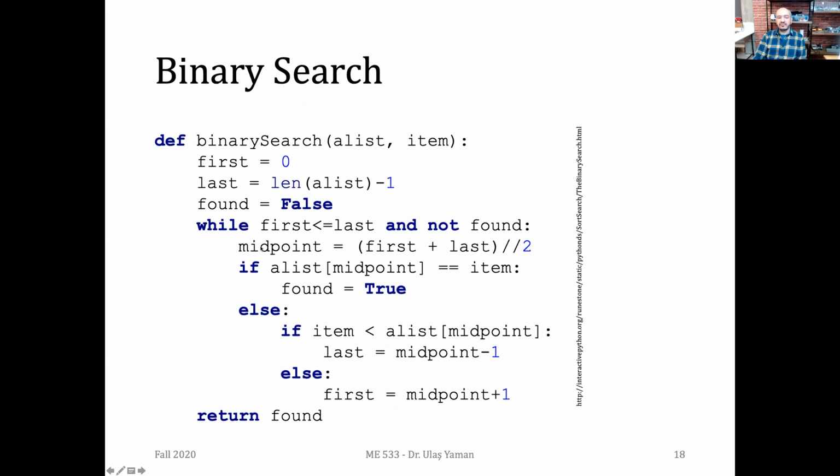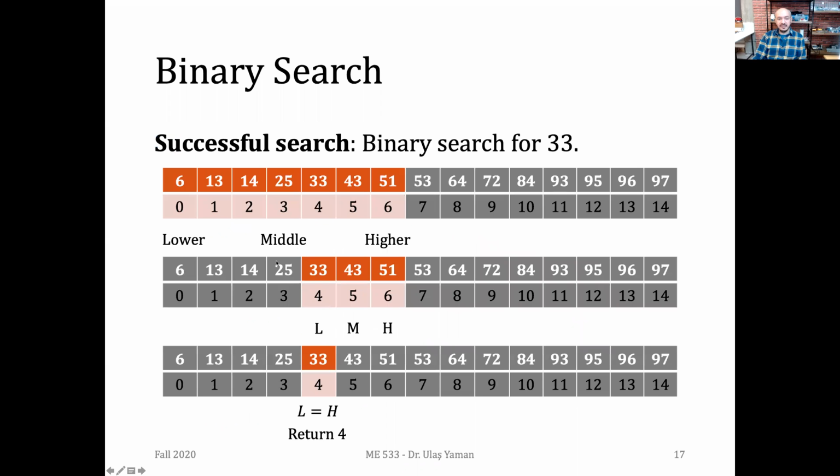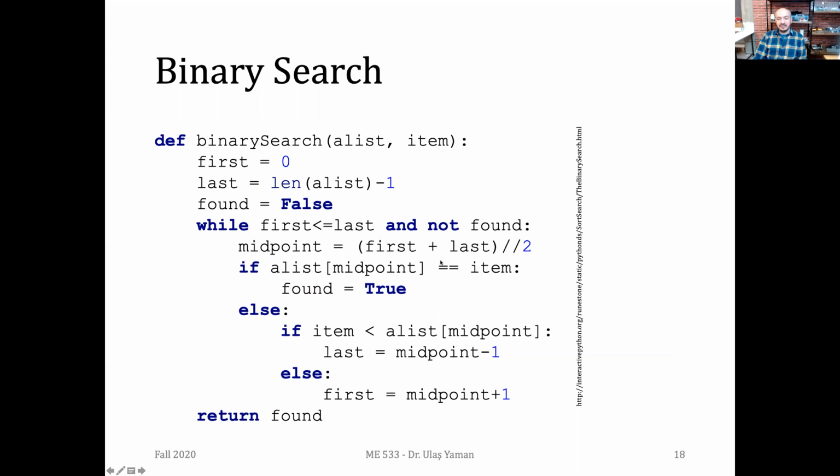First, we want to determine the midpoint, the middle index here. This is done with division, and we don't want any remainders, so that's why we use double slashes here. We sum the indices of the first and the last values.